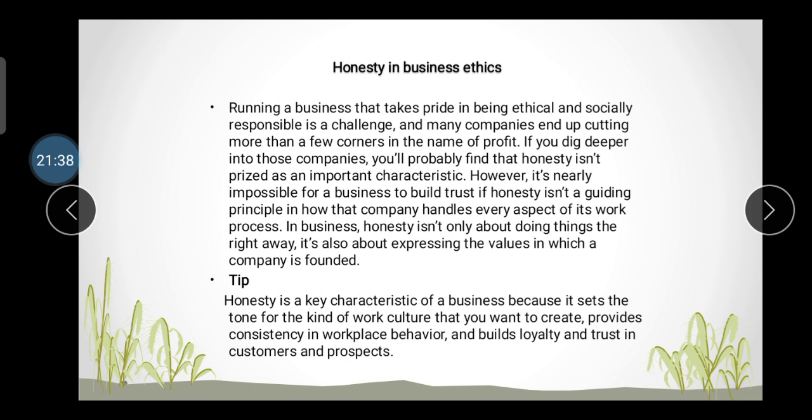I will give you one example regarding honesty, from the Johnson and Johnson company. Five to six years ago they produced a product, and one type of mistake was found in it. The product was of less quality, so they recalled their products from the market and wound up this product.